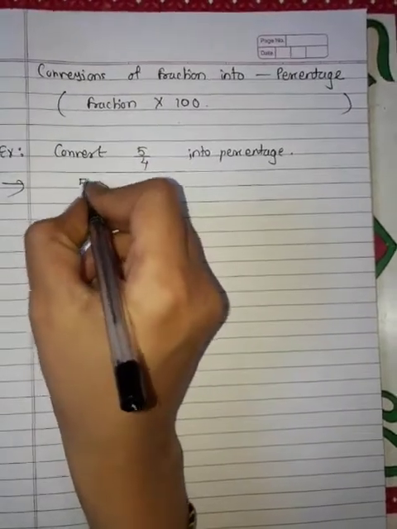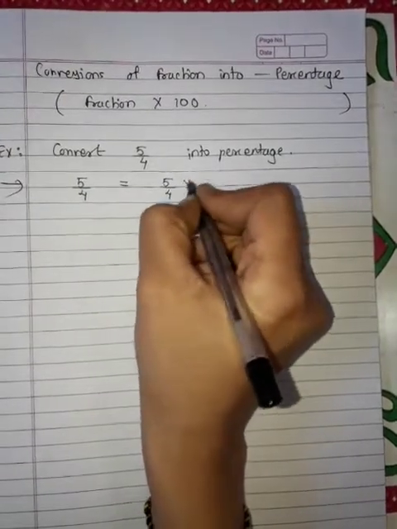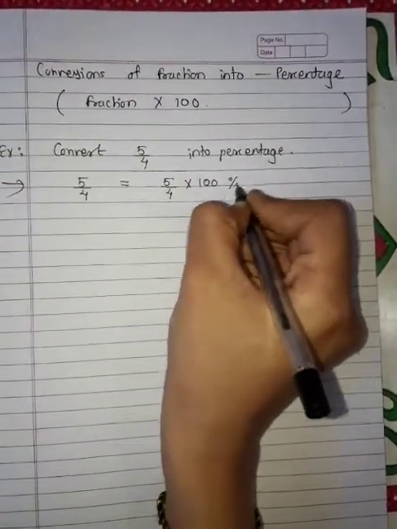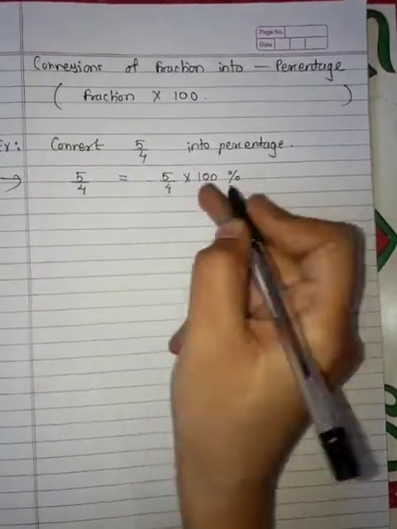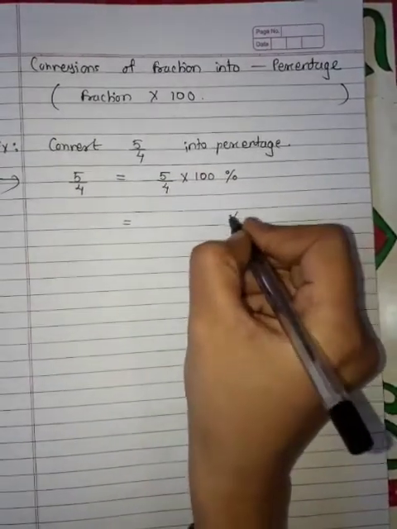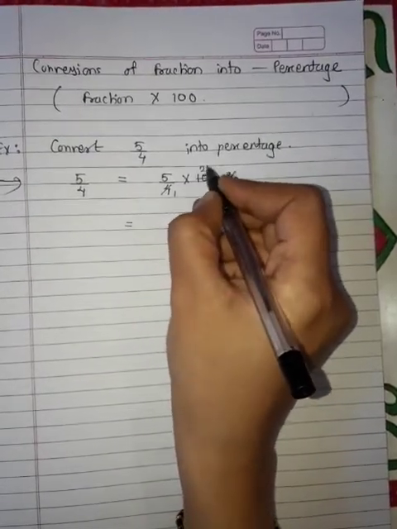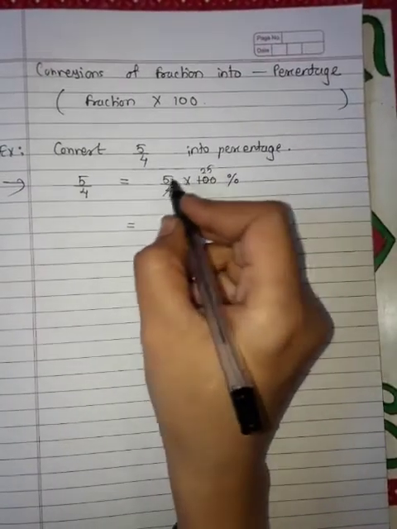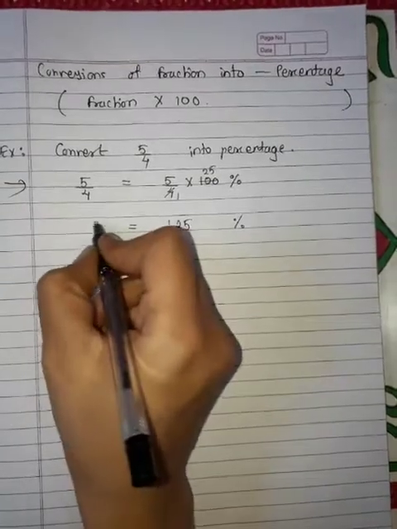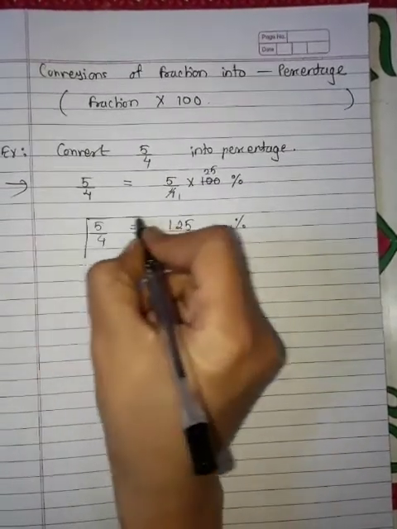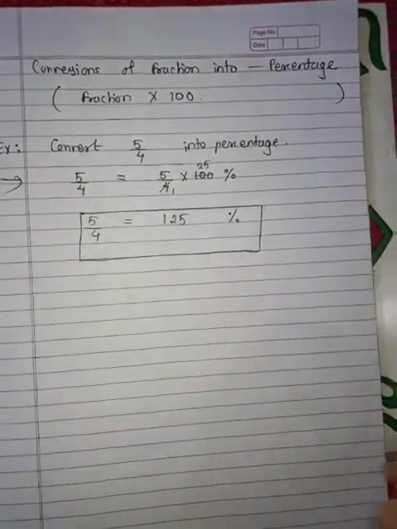So 5/4 can be written as 5/4 multiplied by 100%. Now we can calculate. See here, 4 ones are 4, 4, we know 25 fours are 100, and 25 into 5 gives you 125%. So 5/4 means what? 125%.